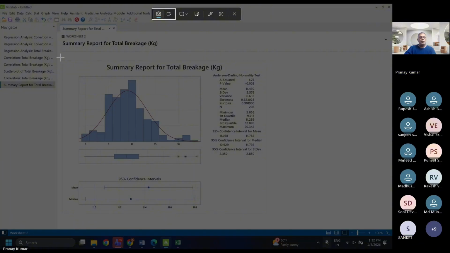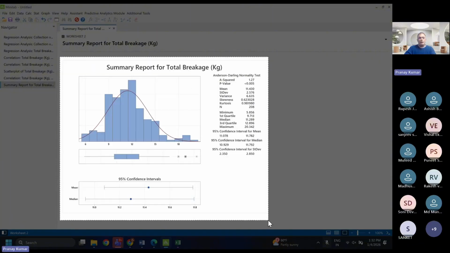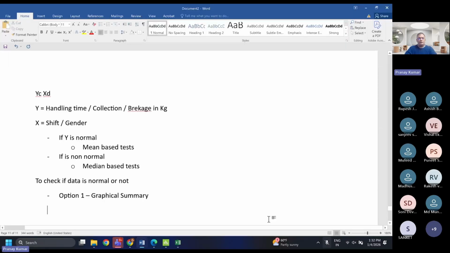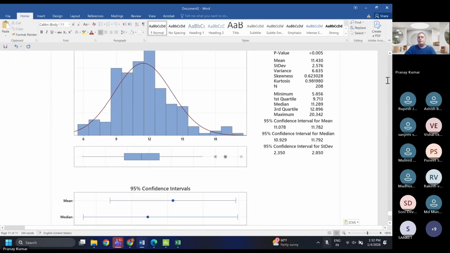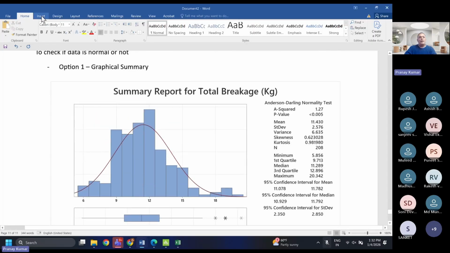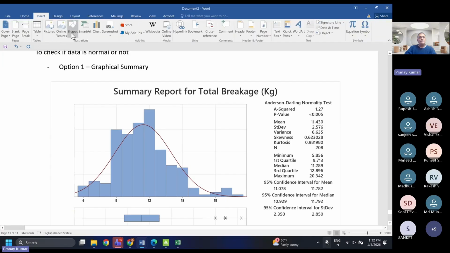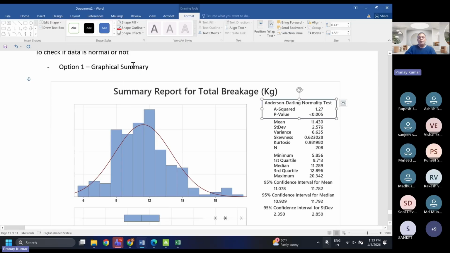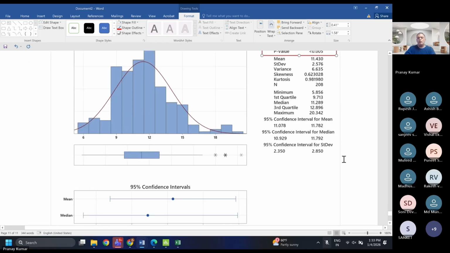Print screen, copy, paste. Like I was saying, you should start with the p-value. And for our normality assessment, this is more than enough. P-value greater than or equal to 0.05 will mean data is normal.